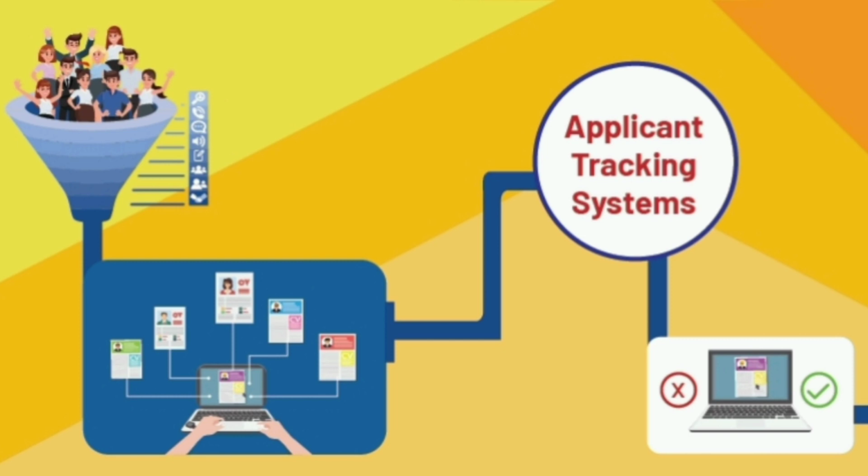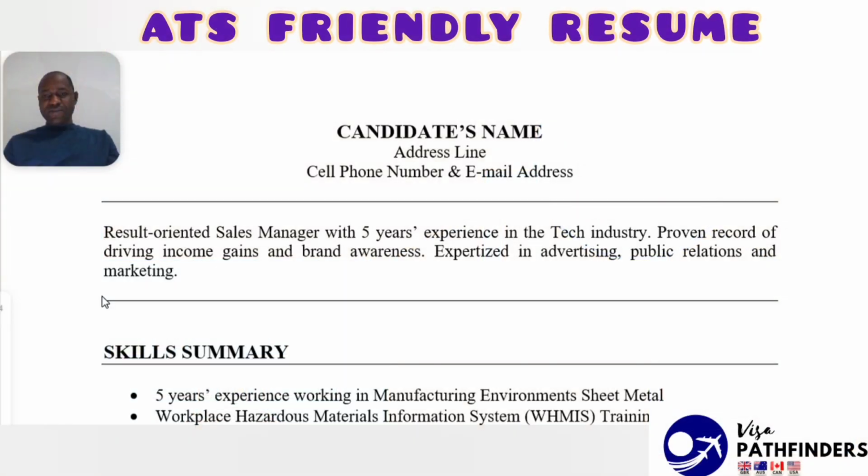The ATS then goes ahead to scan the resumes for specific keywords, and it assesses your qualifications for the role. Based on the information, the ATS ranks candidates and produces a short list of the most qualified applicants. So the ATS helps hiring companies to organize and navigate through large numbers of applicants.